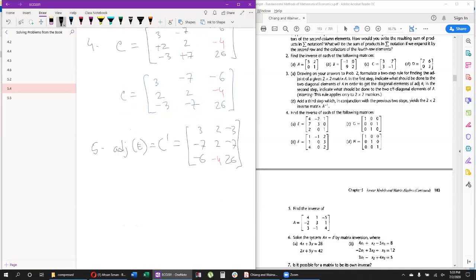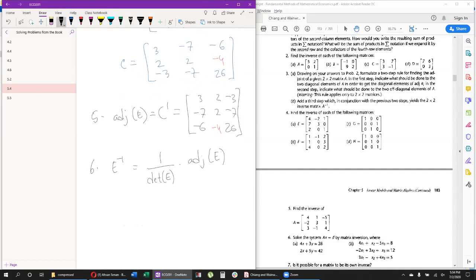So we have done up to step 5. Let's start step 6, which is to find E inverse, which is equal to 1 divided by the determinant of E times the adjoint of E. The determinant was 20, so we have 1 by 20.